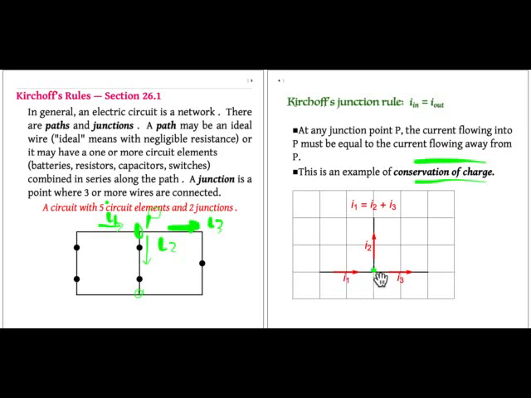Unless there were some capacitance here where the charge would be building up at this point, but these are ideal wires, so that wouldn't be true. Any charge which comes into that point, the same amount of charge must go away, because the charge at that position remains constant. All right, so that's the junction rule.